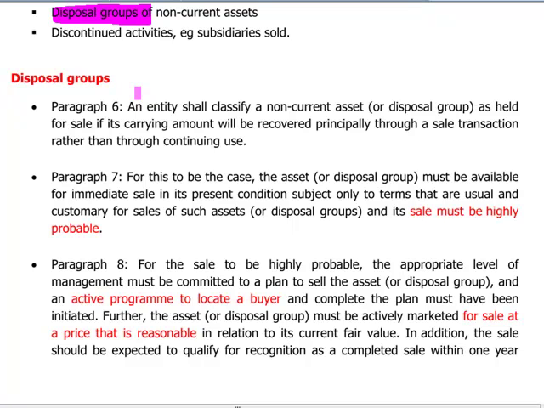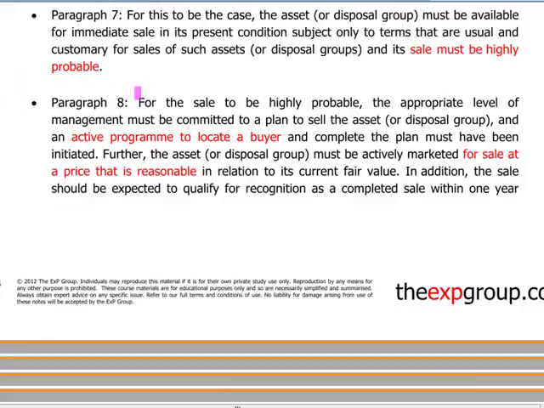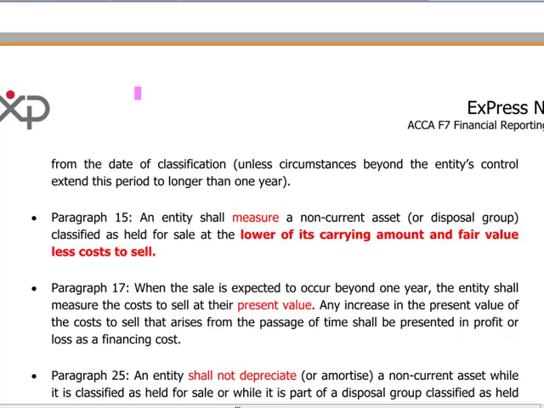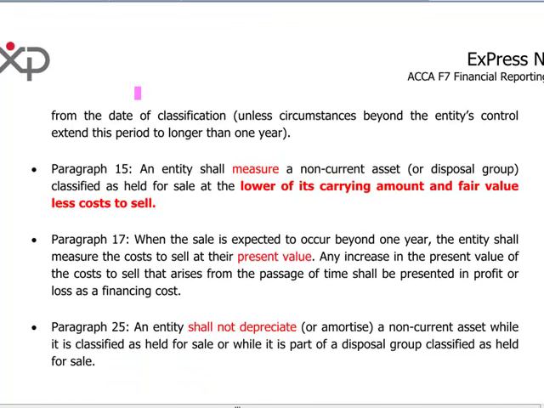Because if this is the case, it means that you do not really intend to sell the asset. When we classify a non-current asset as held for sale, all we have to do by the year end is make sure that we measure the asset at the lower of the carrying value and the fair value less cost to sell.